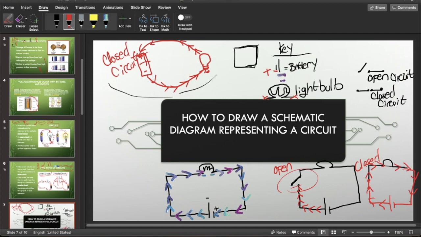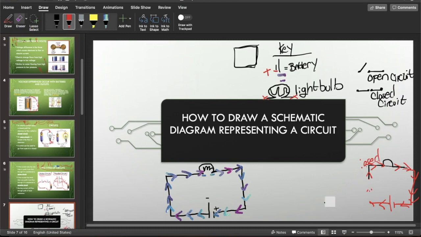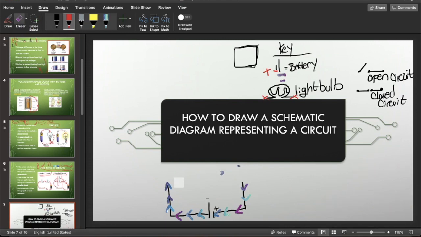Now, if you wanted to get slightly more elaborate with your diagramming, and I'm going to erase some of these, let's talk about a parallel circuit, because we only drew these series circuits, which means that there's one pathway that our electrons are going to run through.